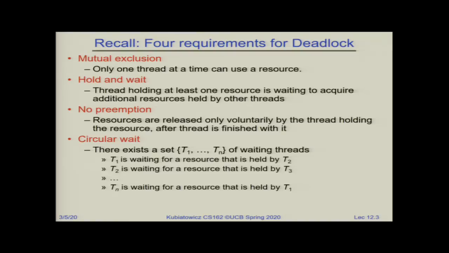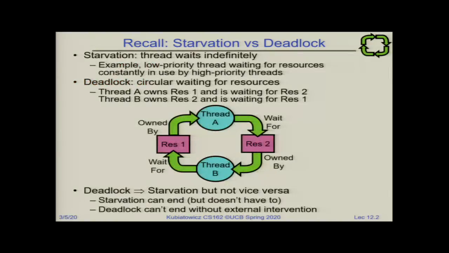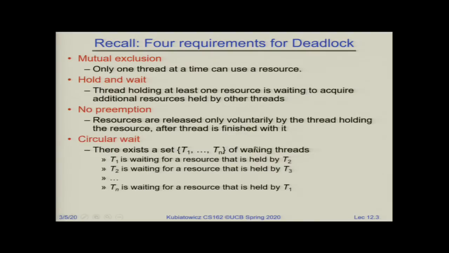No preemption, which means we can't just yank resources away; if we could, we could resolve this deadlock cycle by just pulling one away. And the last thing is circular wait, where there is a set of threads where thread 1's waiting for thread 2, is waiting for thread 3, through thread n, back to thread 1. If you don't have all of these conditions, you're not going to have deadlock.